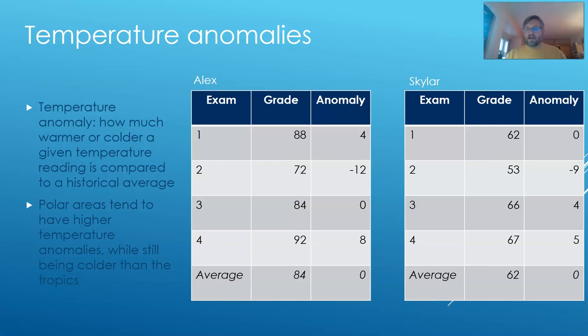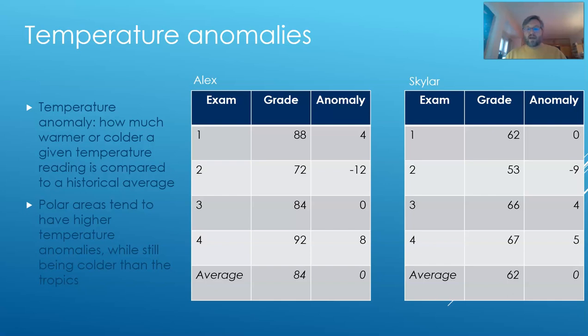And the reason that I put this up here is to illustrate that anomalies are relative to your long-term average, which means a higher anomaly doesn't necessarily mean a higher amount of whatever it is you're measuring. Right?